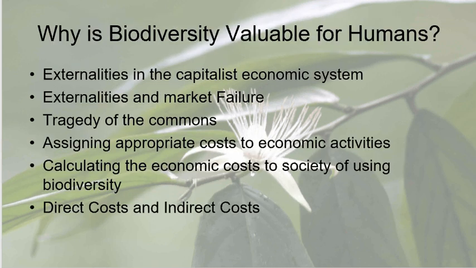Okay, first of all, why is biodiversity valuable for humans? Well, as I said in the last lecture, human society is essentially underpinned by biodiversity, and that includes human capitalist society. Western capitalist economic systems are underpinned by biodiversity.